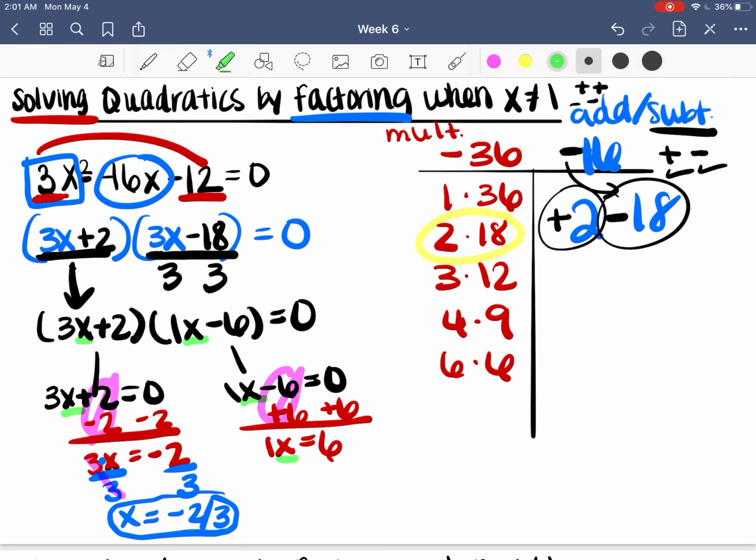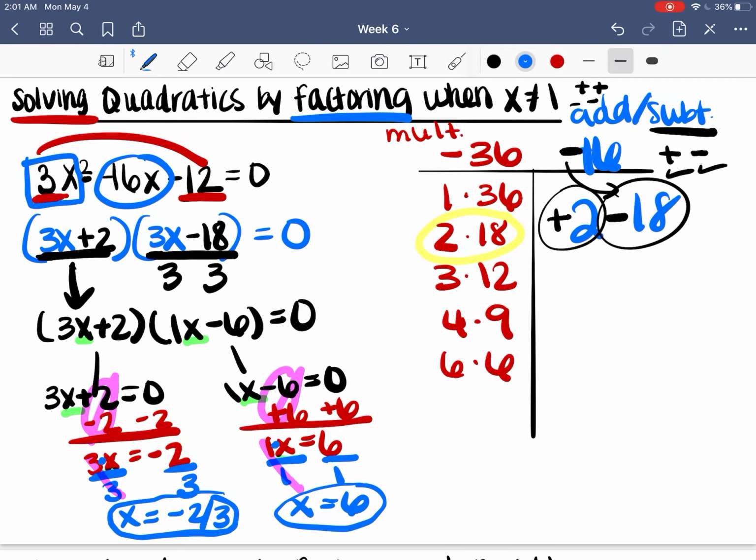No. I still have a 1 in front of it. Right now it's being multiplied times that x. So the opposite would be to divide both sides by the 1. 1 divided by 1 is 1, so all I will be left with is an x. And 6 divided by 1 is 6. So these are my two answers right here.